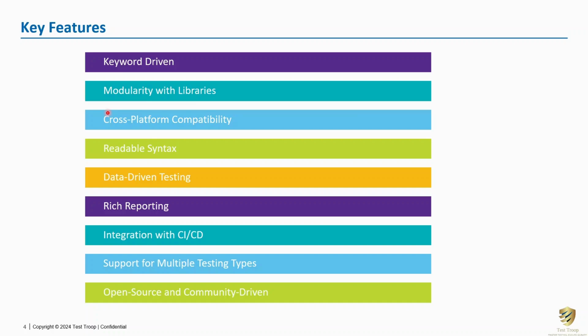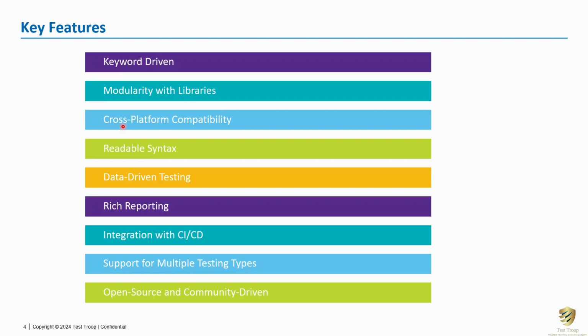By default, it comes with built-in libraries where some basic tasks can be performed, such as manipulation of strings and performing mathematical operations, etc. You can also integrate with external libraries such as Selenium library for web testing, Requests library for API testing, database libraries for interacting with databases, and RPA for automating business processes. Or you can also write your own custom libraries using Python or Java to extend the functionality.